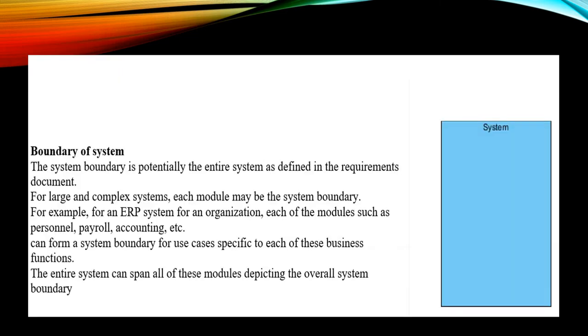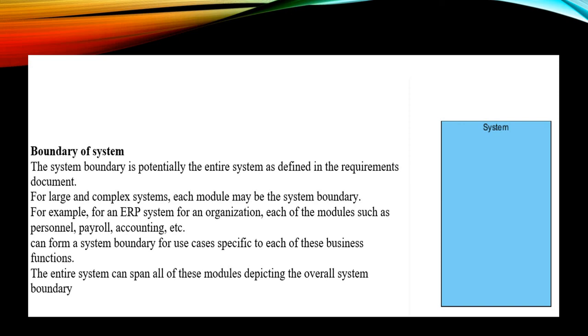Then we have the system, which is represented by a vertical rectangle. The system boundary is potentially the entire system as defined in the requirements document. For large and complex systems, each module may be the system boundary.